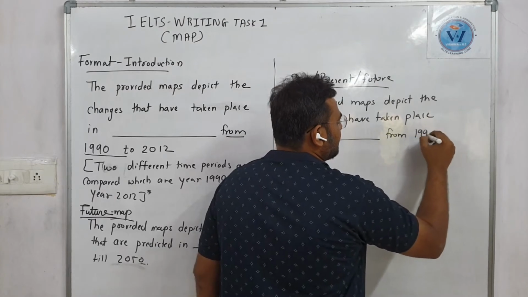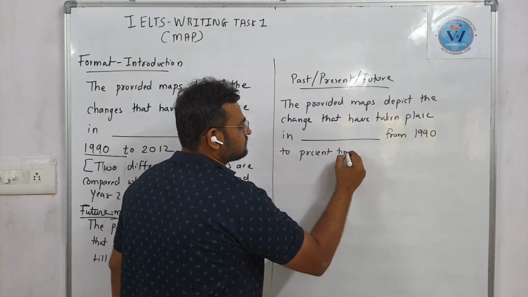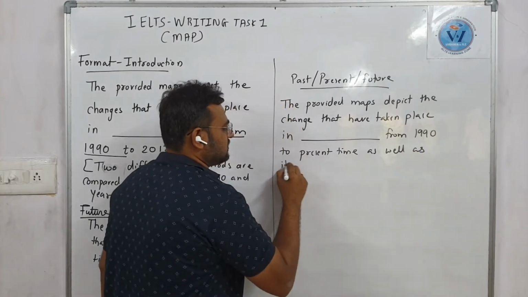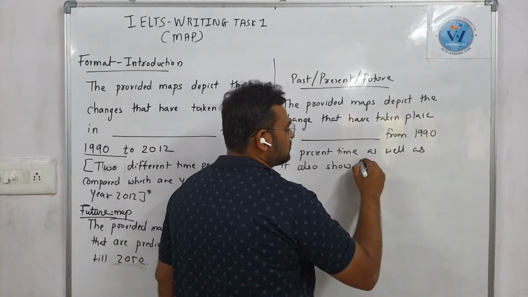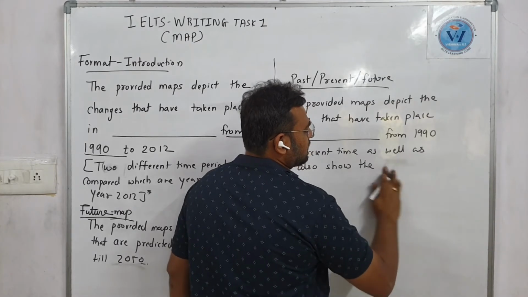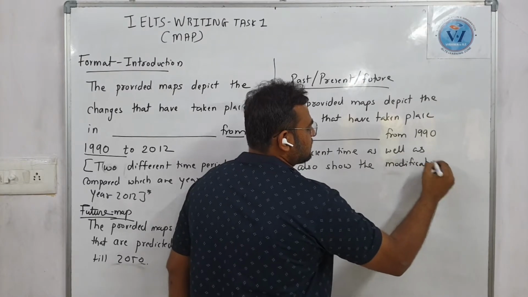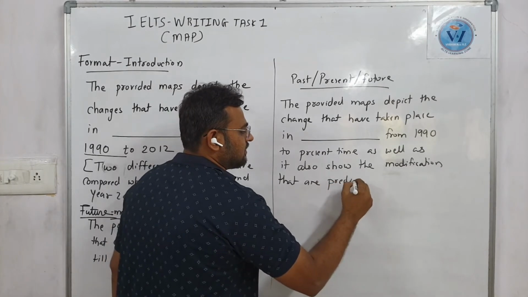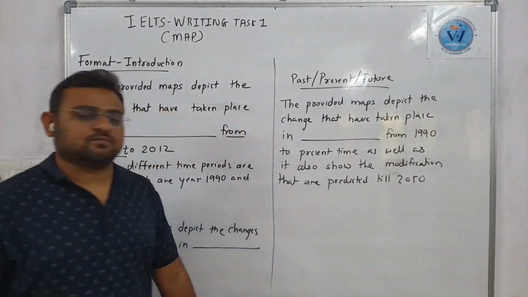Let's say from 1990 to present time, as well as it also shows the modification that are predicted till 2050.